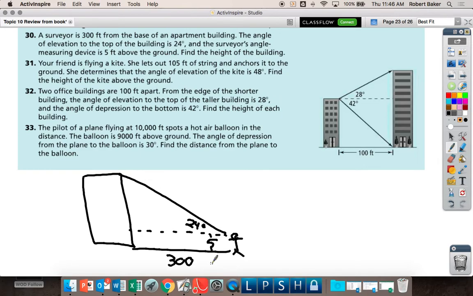So when we use this 24 degrees, it's only going to solve from here to here. So if we're looking for this height, we can do the tangent of 24 degrees is equal to opposite over adjacent. And you get 300 tangent 24.